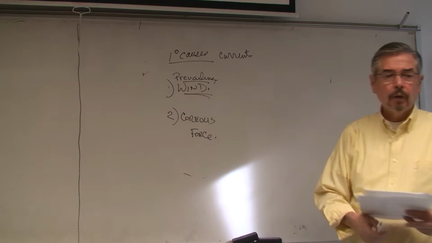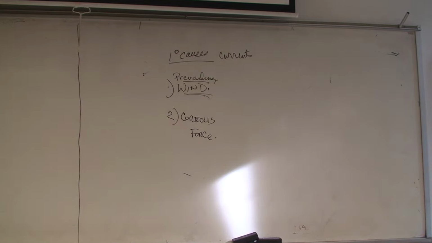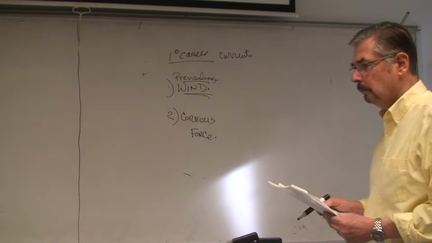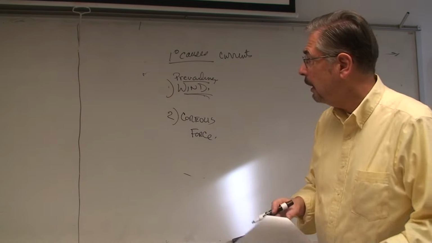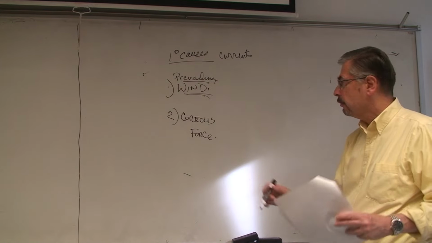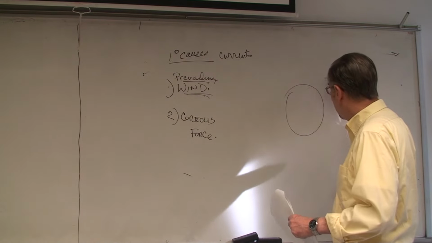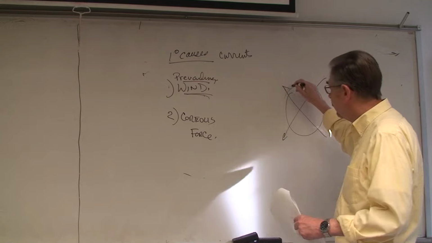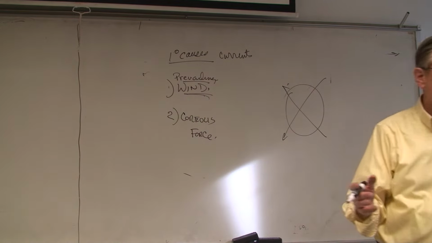Now, the Coriolis force is the force imparted on the winds and the currents by the Earth's rotation. What does that mean? Well, if it wasn't for the Earth's rotating, then we would have primarily this northeasterly and the southeasterly wind, and that would be it.